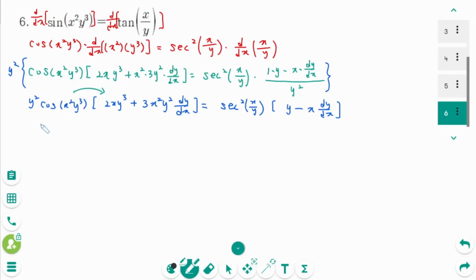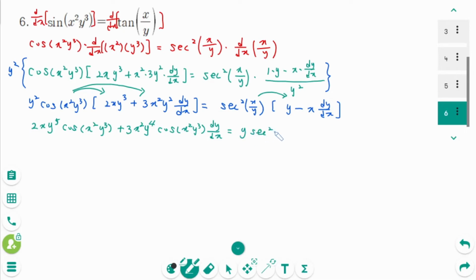Expand the first one, 2xy to the power of 5 cosine x squared y cubed plus the second one, 3x squared y to the power of 4 cosine x squared y cubed times dy/dx equals, expand y times secant squared x over y minus the second one, x times secant squared x over y times dy/dx.